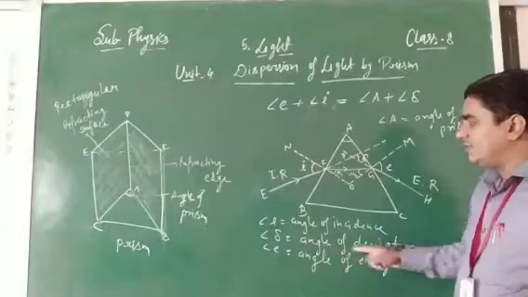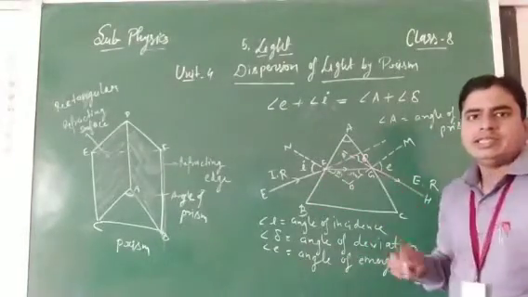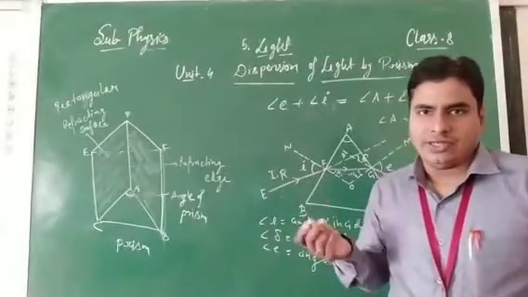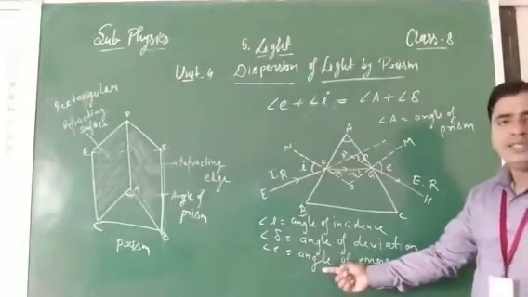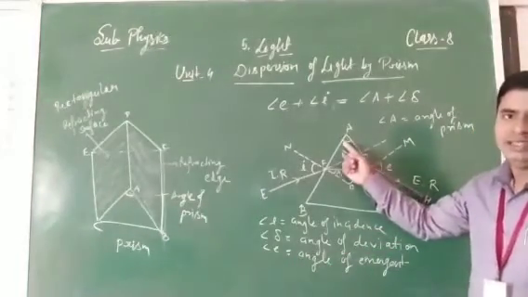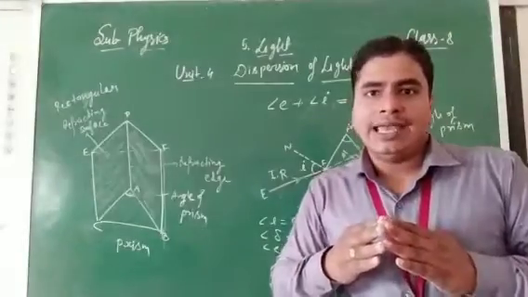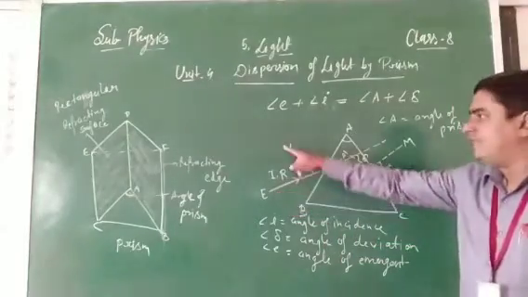So the angle of deviation is what? The angle between the incident ray and the emergent ray. This is called the angle of deviation. Clear? Angle of incidence, angle of deviation, angle of emergence, and angle of prism. The angle between two refracting surfaces is called the angle of prism. Angle of incidence is the angle between the incident ray and the first normal.